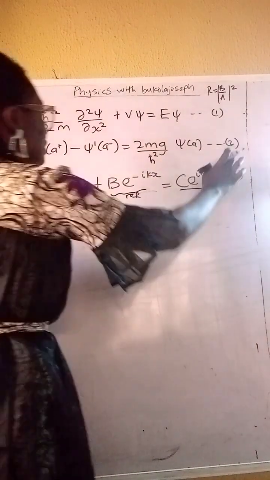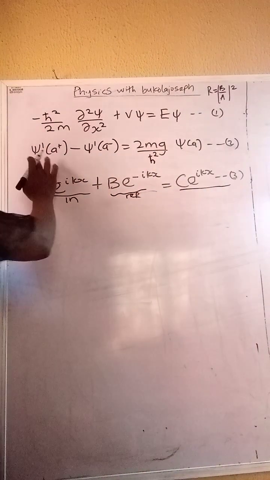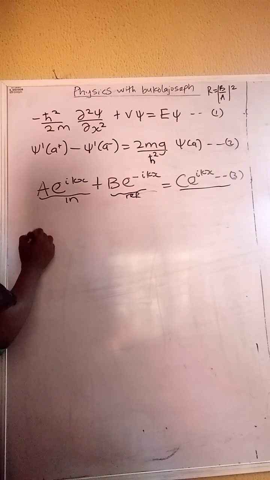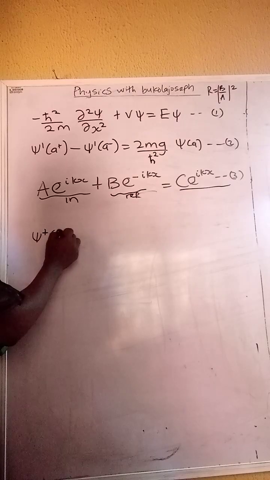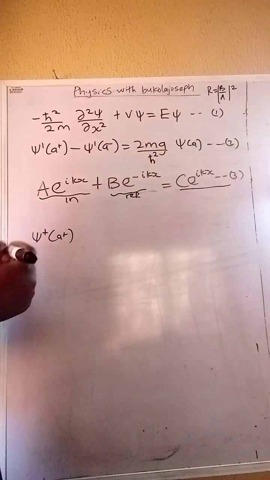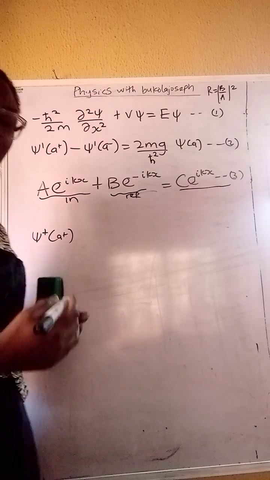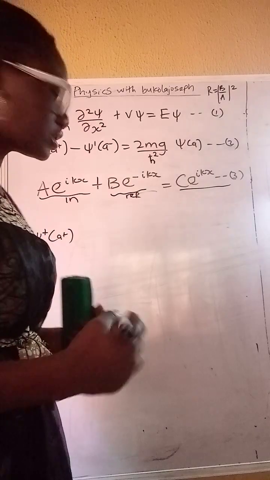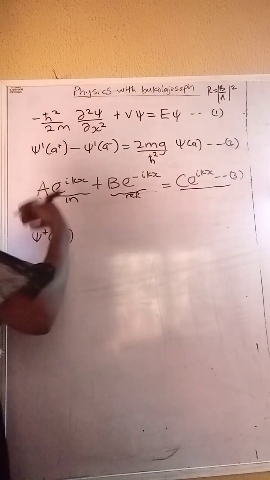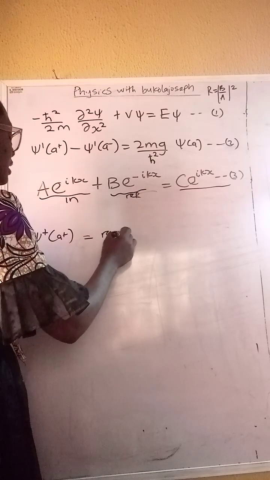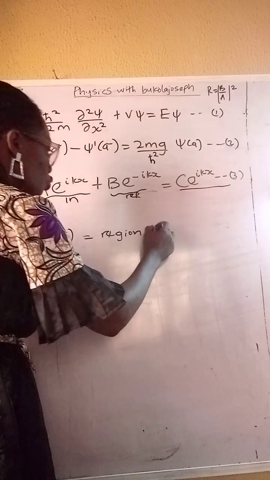But before we do this, let me define this thing we have. So psi 1 A plus is a wave function after region 1. So it means it is in what? Region 2. So A plus is in region 2, a wave function in region 2.